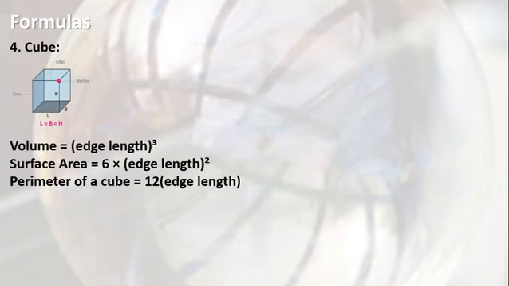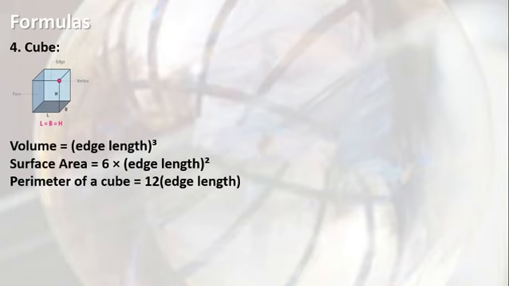And the reason is because the cube has the same edge length all round, so the volume would just be length times length times length, and you get your answer. The surface area is 6 times length squared. That is the square of the length.